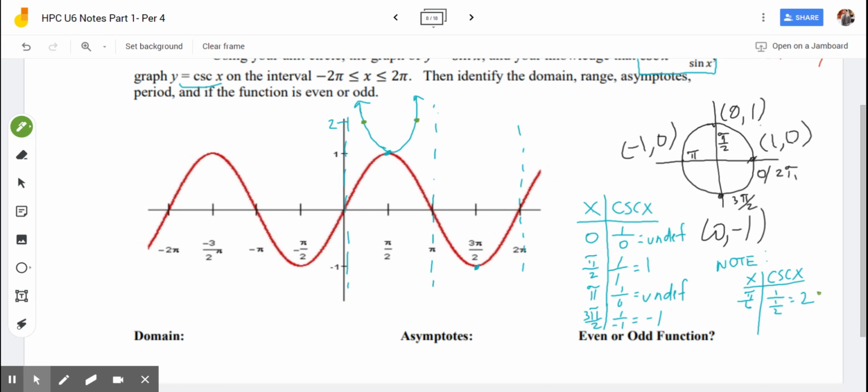Then in quadrant 3, we have 7 pi over 6. It would be 1 over negative a half, which is negative 2, and I'll plot that point again in green. 7 pi over 6 is about 3.5, so it's a little bit past pi here.